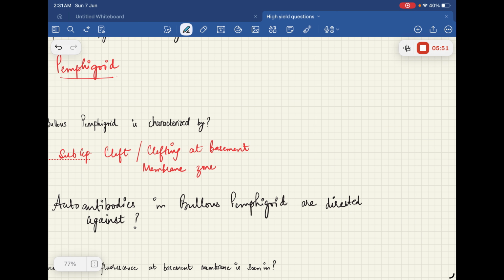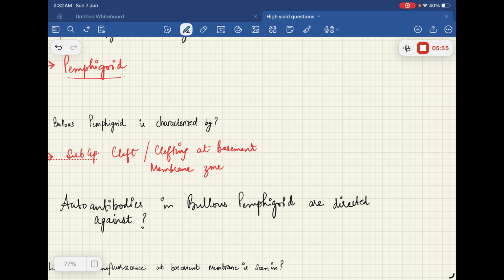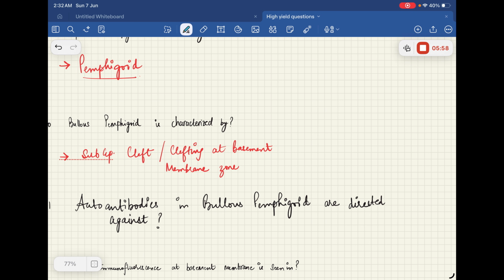Now, a question can come: at which exact level in or above the basement membrane is the clefting involved?